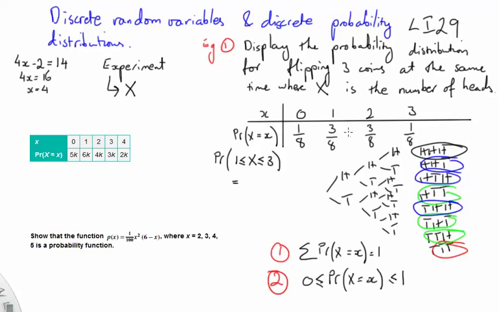In other words, what's the probability that you get either 1 head, 2 heads, or 3 heads? Well, that's easy. You can add the probabilities. The probability of 1 head is 3/8, 2 heads 3/8, 3 heads 1/8. That's 7 on 8. So that's how you can use the table. You have an interval here, and the probability that this random variable is between 1 and 3 is 7/8.